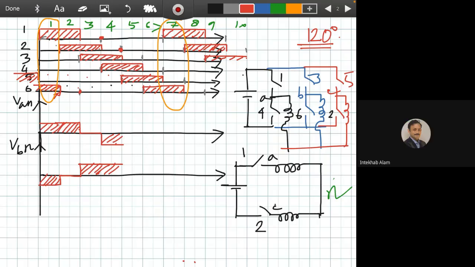Good. So what is the value of N? 4 is on. I'm just drawing in red, and 5 is on. Okay. So 4 and 5, there is no output from B because 3 and 6 both are off. So B is 0 and N is minus half Bn. Okay. Good. It's very good.